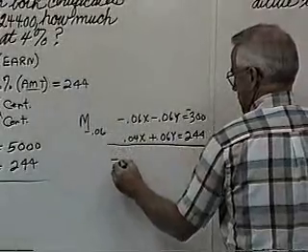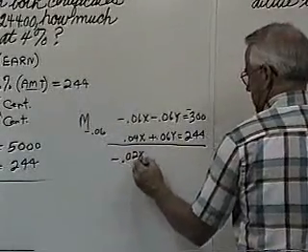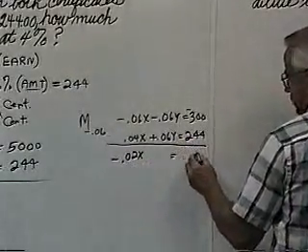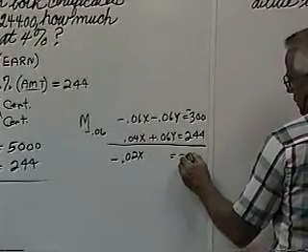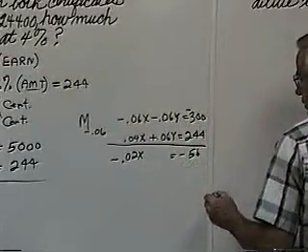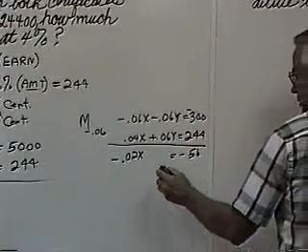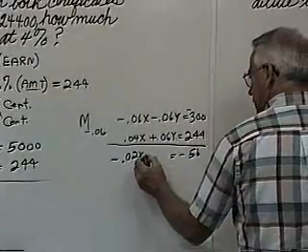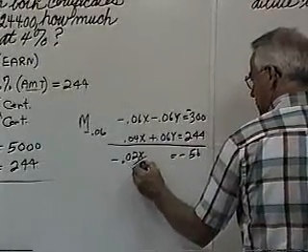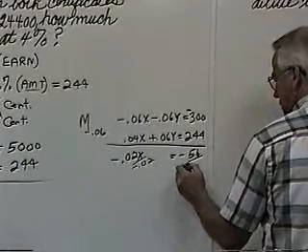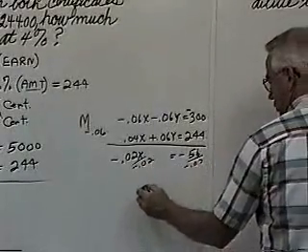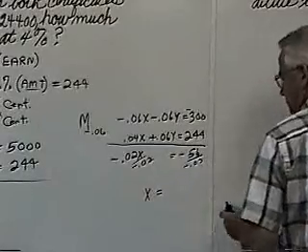Adding those, we get minus 0.02x. Adding these, we get minus 56. Okay, and dividing both sides by minus 0.02, we get x equals 2,800.